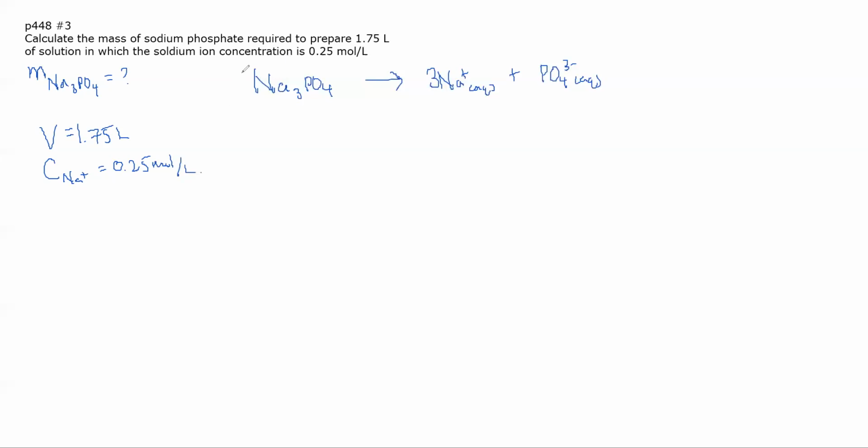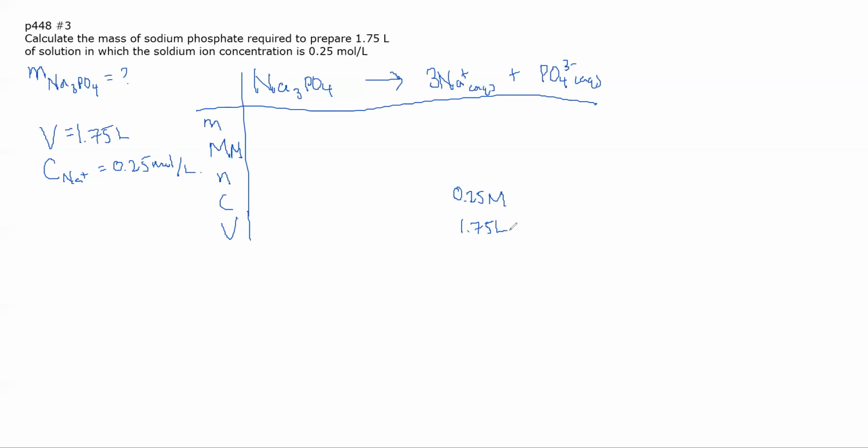What mass do I need if I am going to have a concentration of 0.25 molar and I want a volume of 1.75 liters? Okay, here's my pathway.